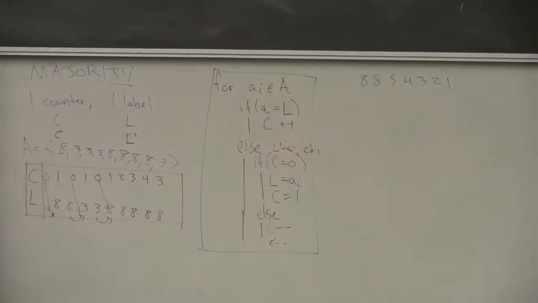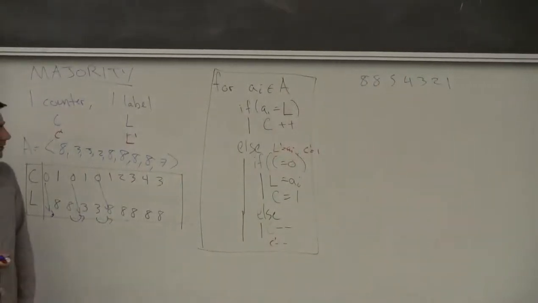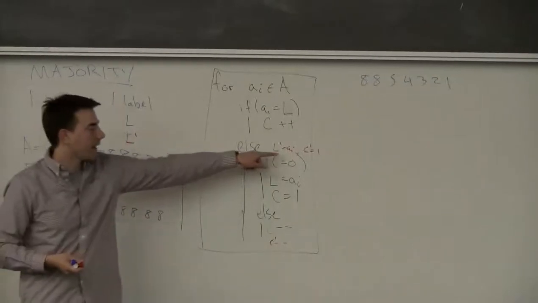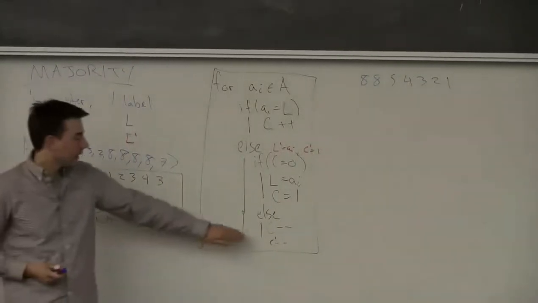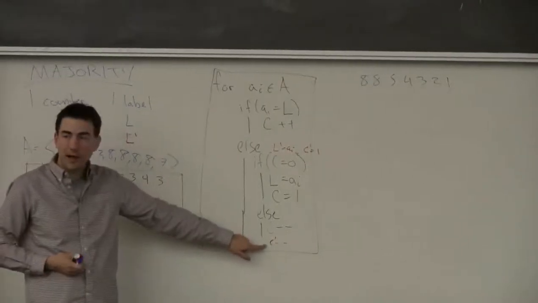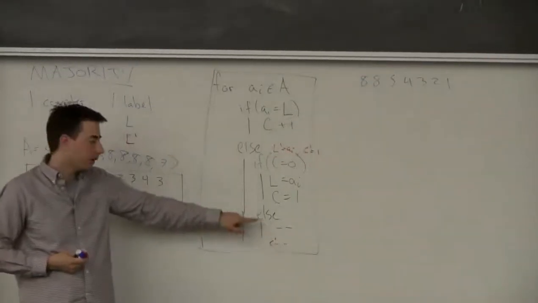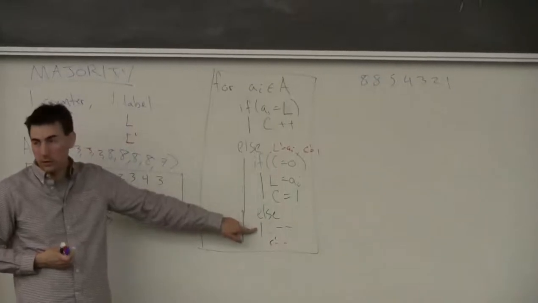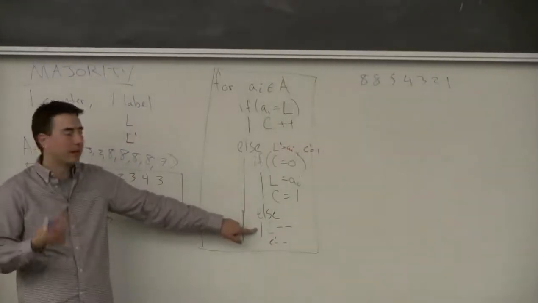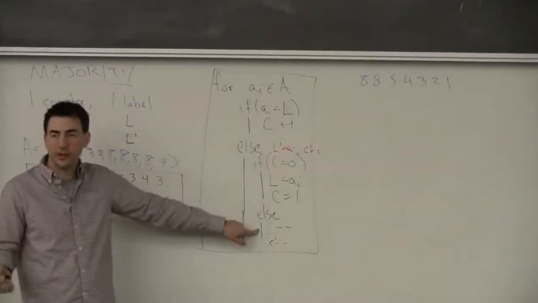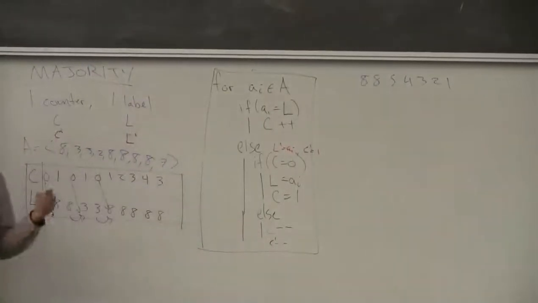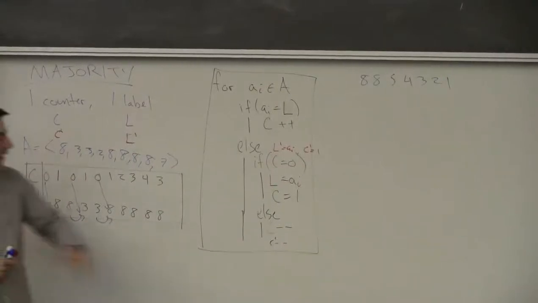So for every element I see which is of the majority, this special element, I can only decrease it if it's in C prime, or if it was already in the right label and I saw something else, right? But I can't do both of these.